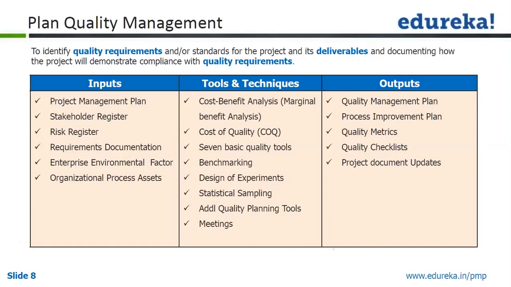Quality metrics are based on your stakeholder register and risk register. We come out with quality metrics such as defect density and, let's say, cost performance, which we already know: CPI, CV, SPI, SV, and so on. Those become your quality metrics.